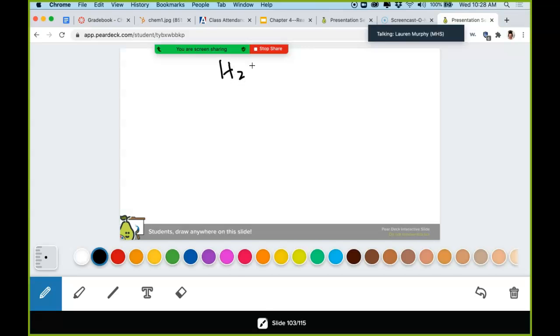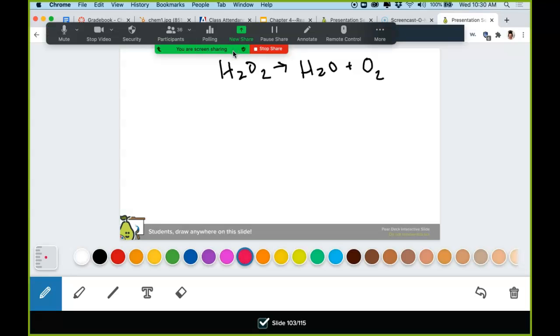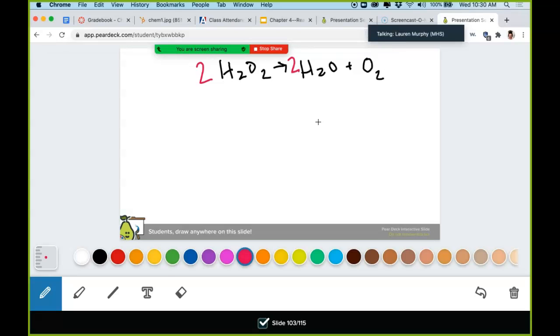By inspection is the exact way you balanced before you ever learned how to balance doing redox. So do it like the old way. If I said, hey, balance this reaction, you would start doing coefficients. Please do it. So you put a 2 here, right? And a 2 here, and it's balanced.